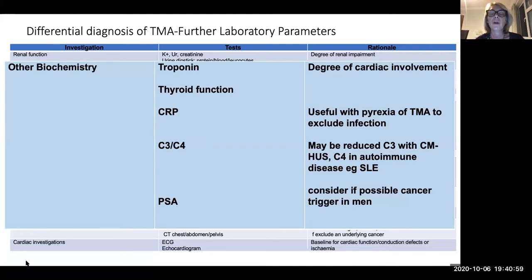Complement level 3 and complement level 4 are more appropriate for us to do when we are thinking about another condition called HUS or other autoimmune diseases such as lupus. And for men, we look at the PSA, the prostate specific antigen.